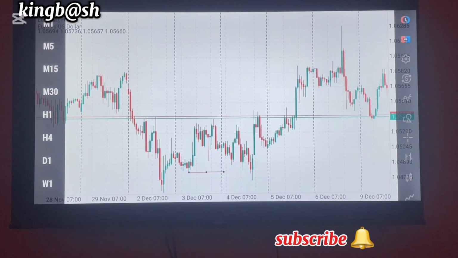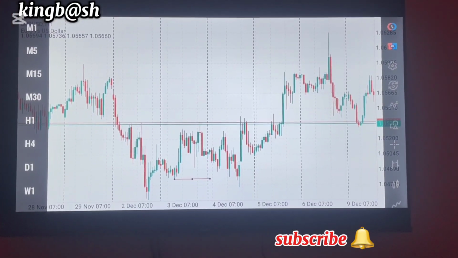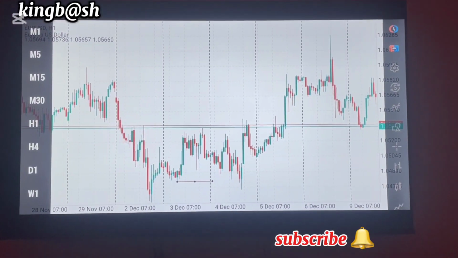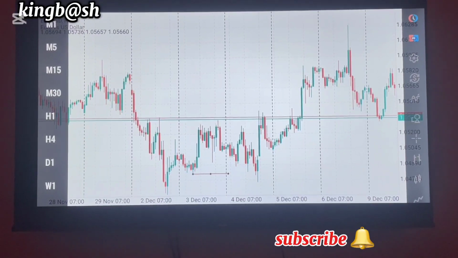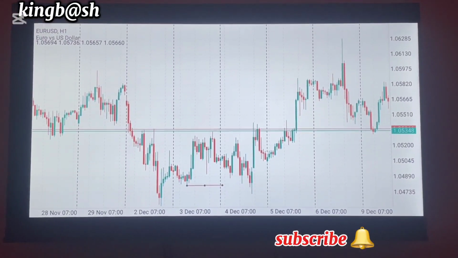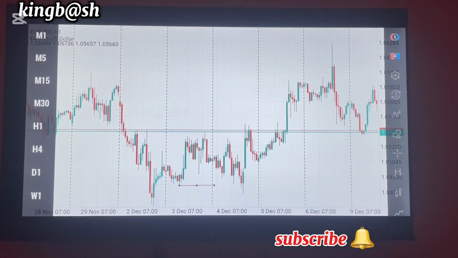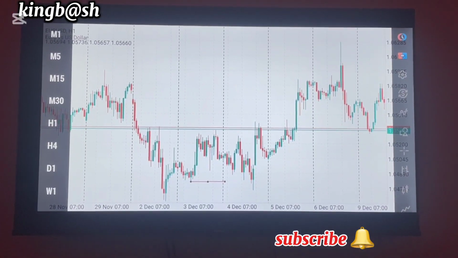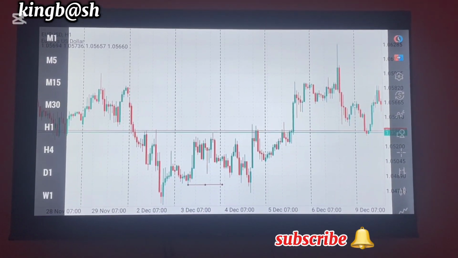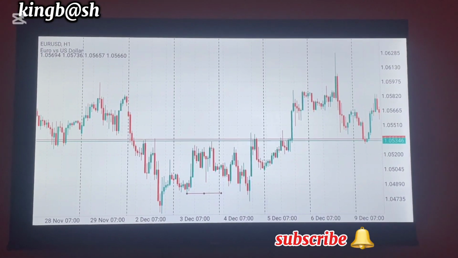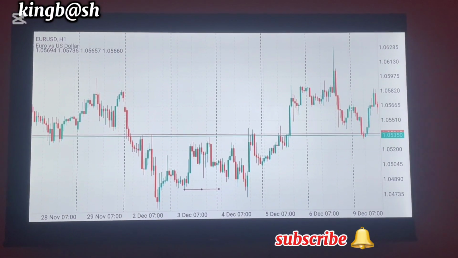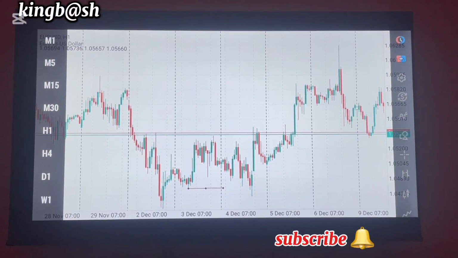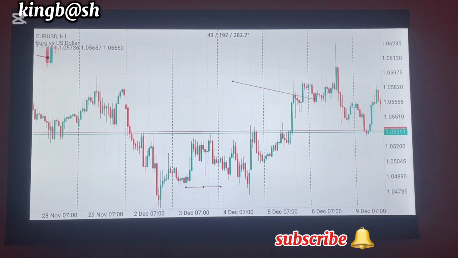This is what we call the liquidity. This is the lowest point of the day. That is where liquidity is located. That is where the money is located. So price will come down. Once price has taken all the orders below that day, that is when price will go and target the opposite liquidity, that is above.